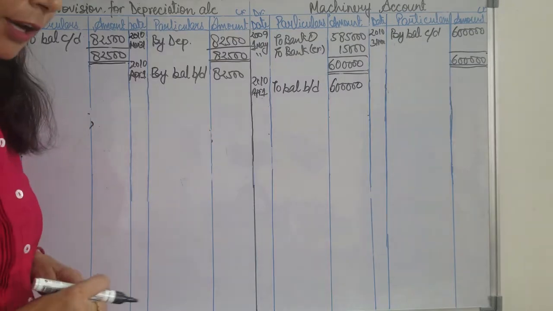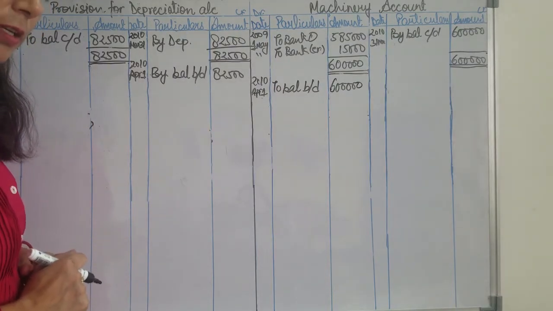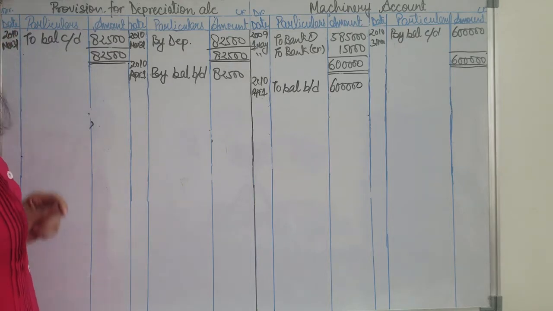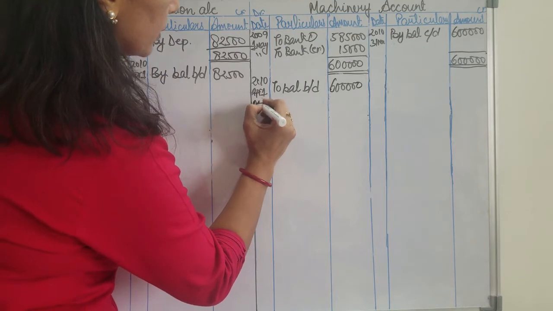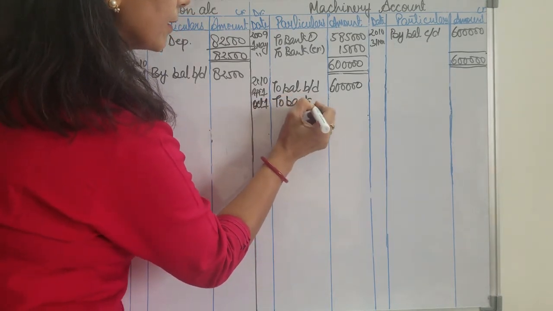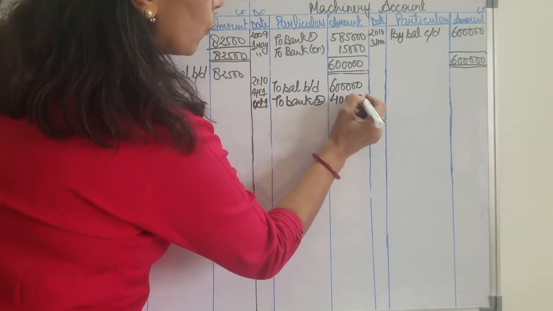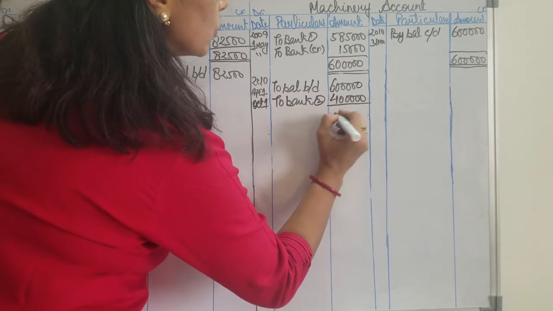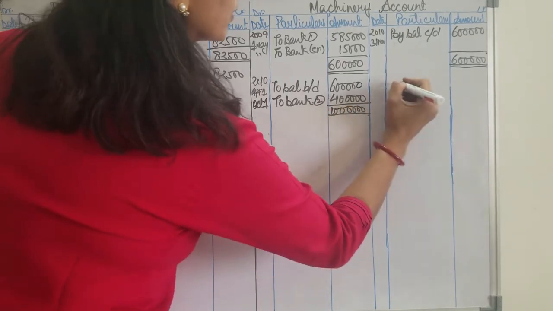Now this depreciation, again we have to balance the account. It says on 1st October 2010, it purchased another machine for rupees 4 lakh. So let's make the entry of that now. On 1st October 2010, to bank, this is our machinery 2, amount is 4 lakh. Now time to close the account and balance the account.